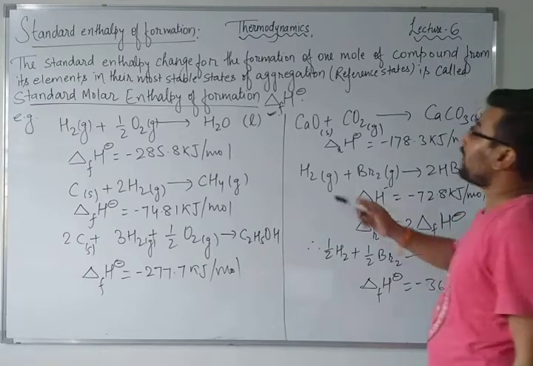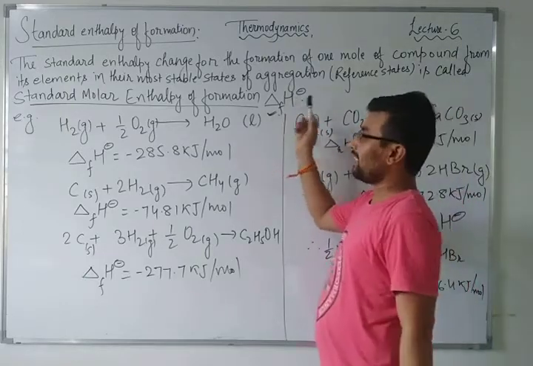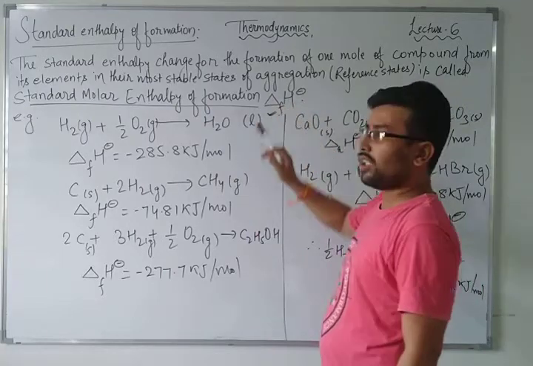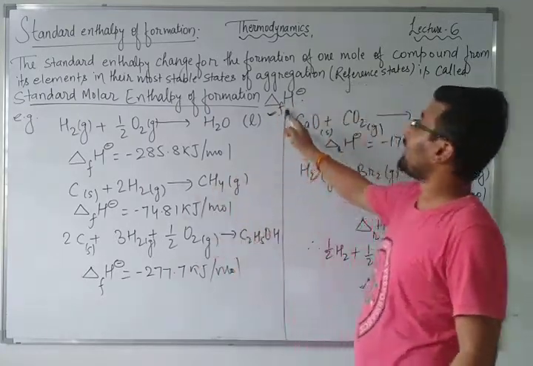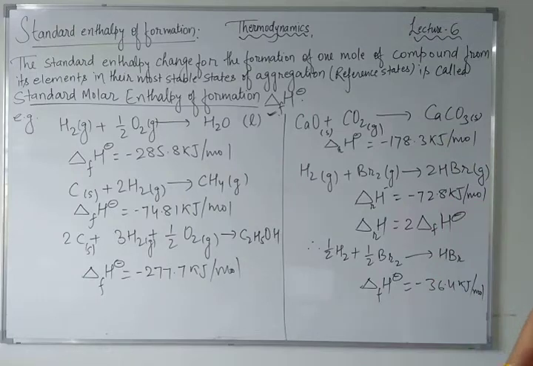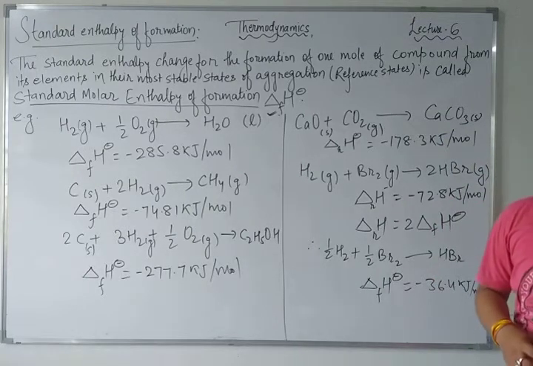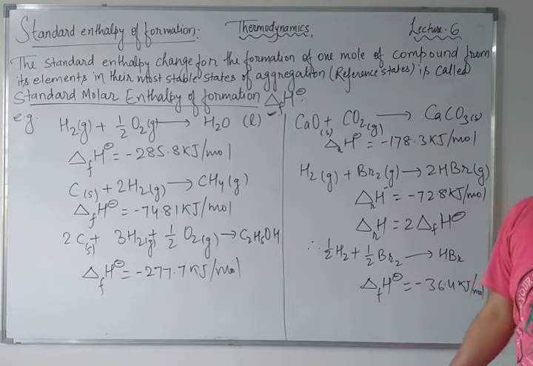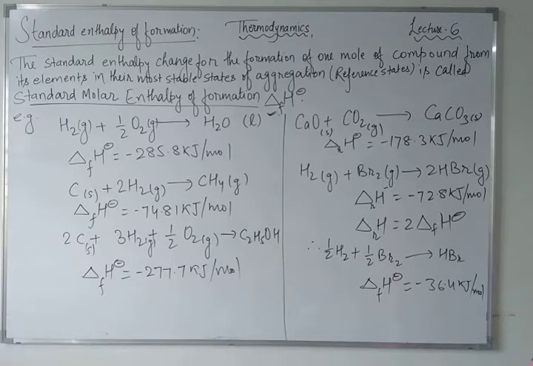You can ask me, sir, what is this delta H? You know delta H, that is the molar enthalpy, the change in enthalpy. But here this F indicates how many moles? It indicates 1 mole of the compound. As in the question you can see, there are reactions in which the compounds have been formed in their states also.